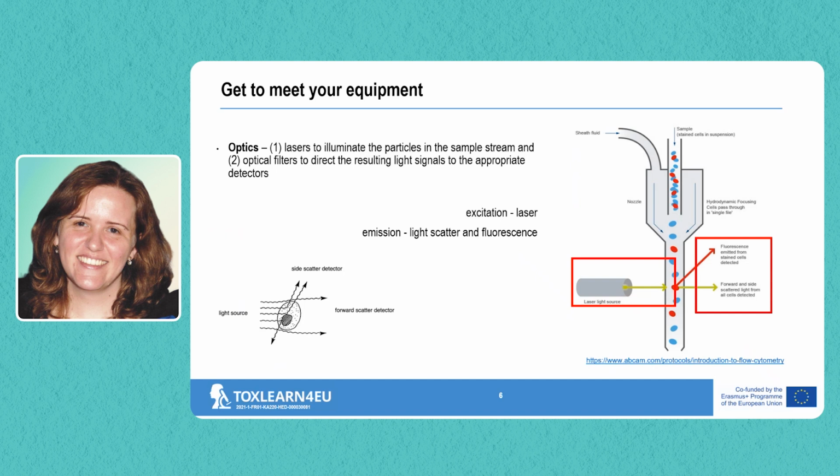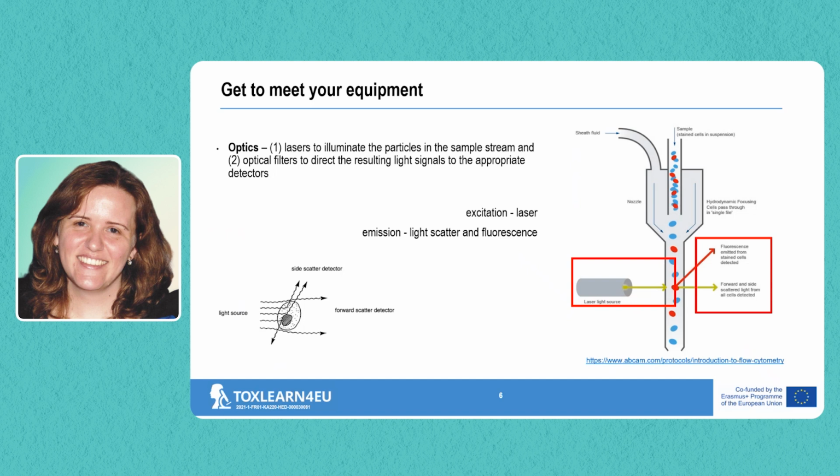So by passing in this angle, it will actually measure the size. Then we will have a second detector, a side scatter detector, that is positioned at a 90 degree angle. This means that by passing the light in this direction, it will provide you some information about the complexity of the cell, okay? So about the content.